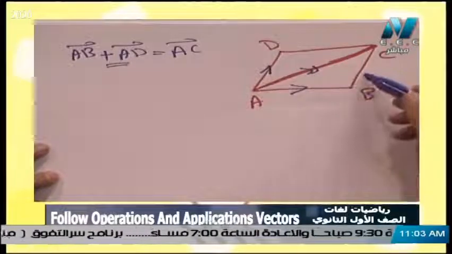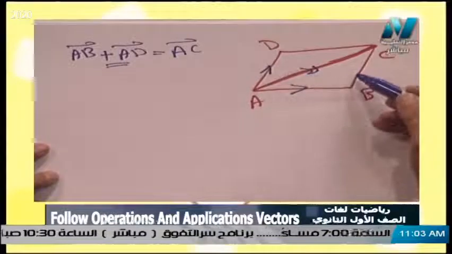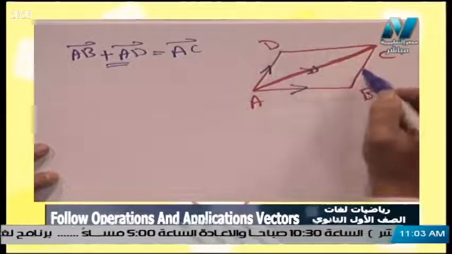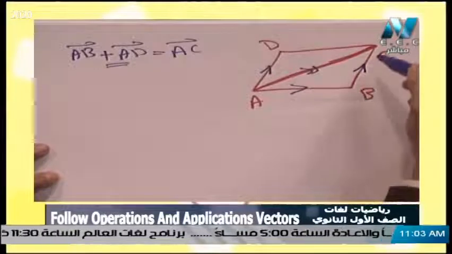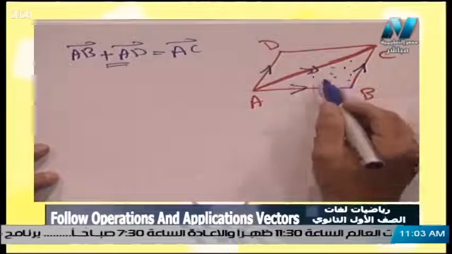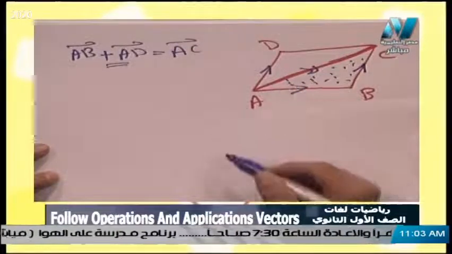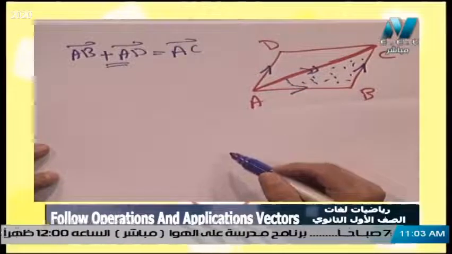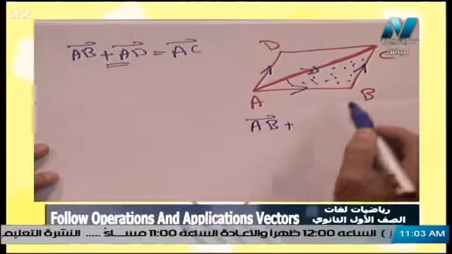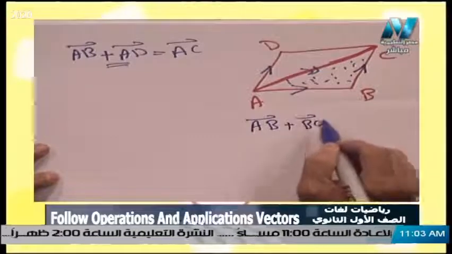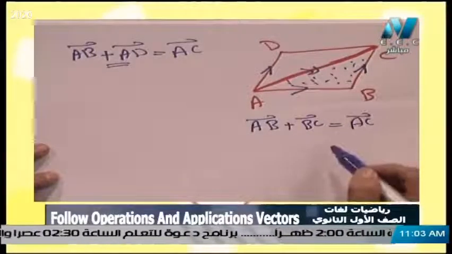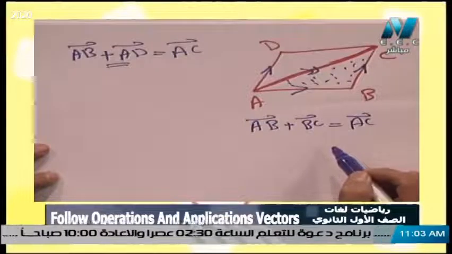each two opposite sides in a parallelogram are equal in magnitude. So the vector AD here, of course, will be equal to the vector BC. And if we concentrate here on this triangle ABC, we will find easily that the vector AB plus the vector BC equals the vector AC from the triangle vector rule.